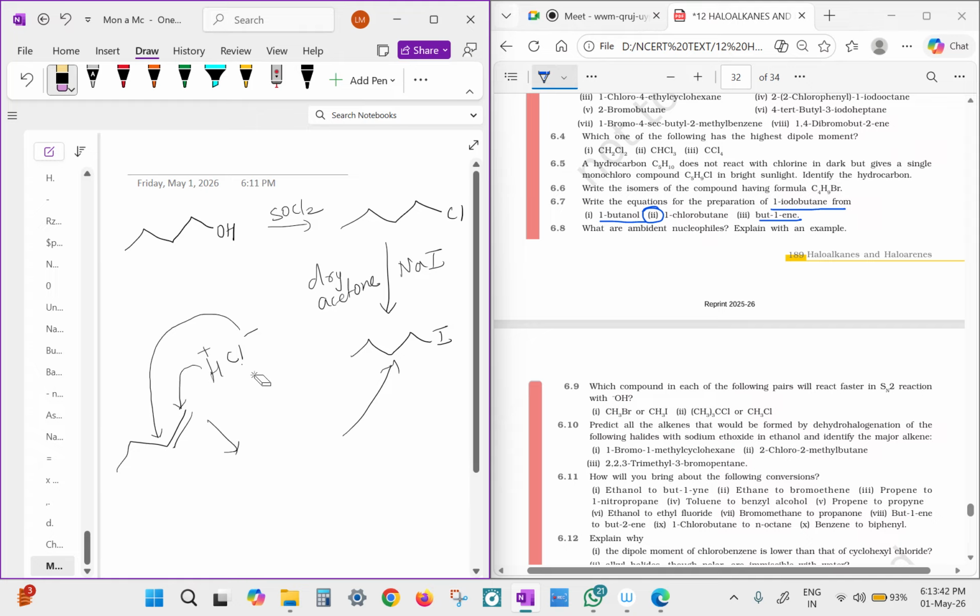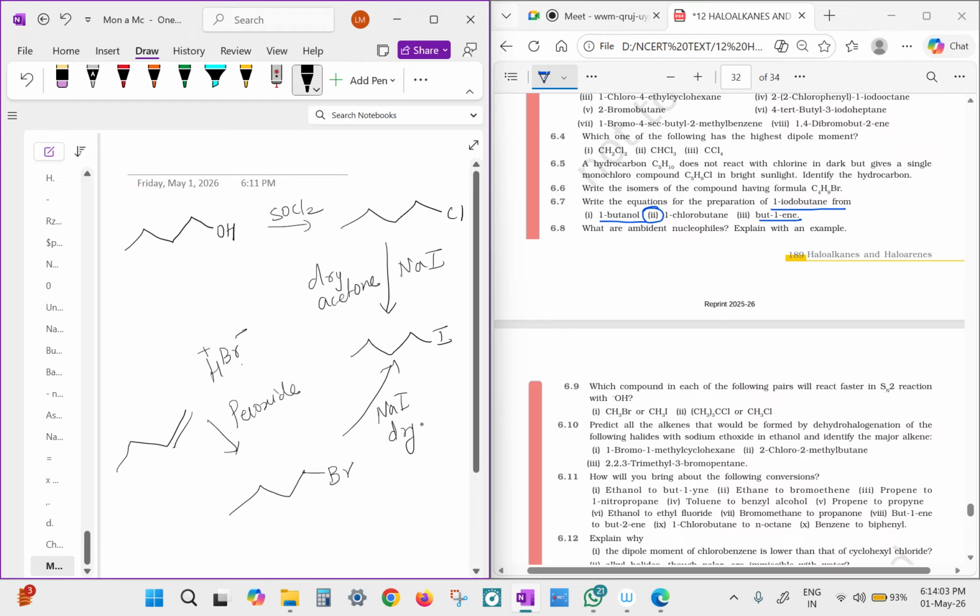But why do that? Better to take HBr. Go for the normal addition, but that will give me the second position. So go for the anti-Markovnikov addition. Go for peroxide, get the bromine in the first position, and then do the Finkelstein reaction.